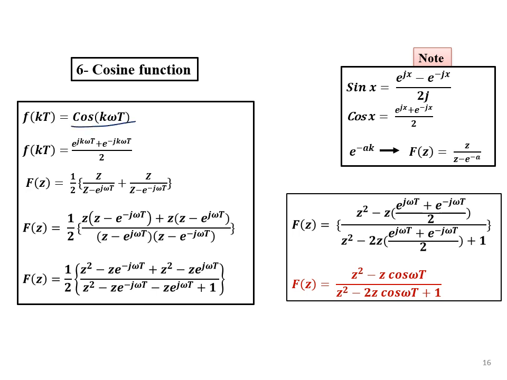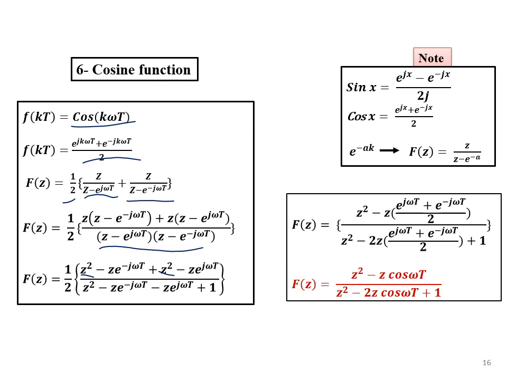For the cosine function, we apply the same steps: e to the power j k omega T plus e to the power negative j k omega T over 2. We have a half times the z transform of e to the power j k omega T plus the z transform of e to the power negative j k omega T. We get the common denominator and obtain the numerator: z squared and z squared gives 2z squared, and the half cancels with the 2.